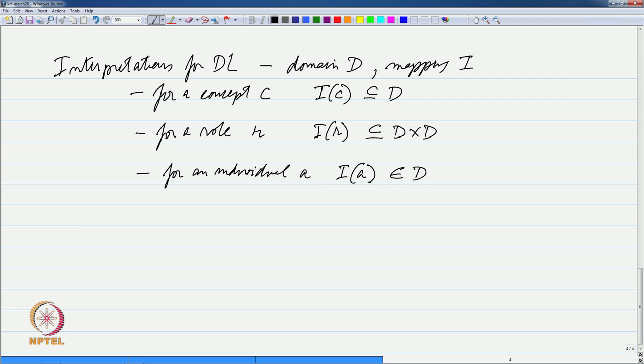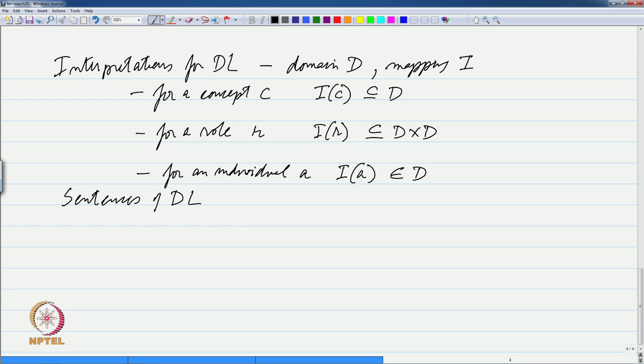So, let me talk about the use of connectives first, and then we will move to concept forming operators. The sentences of DL are of exactly three kinds.